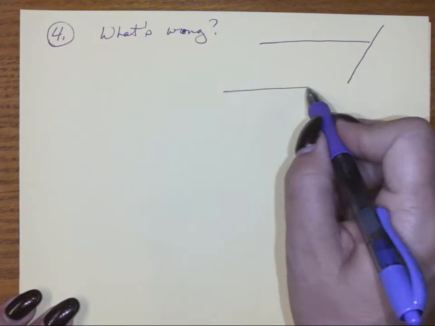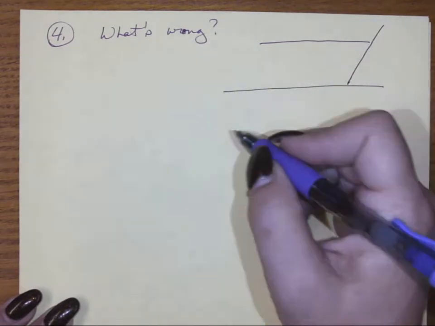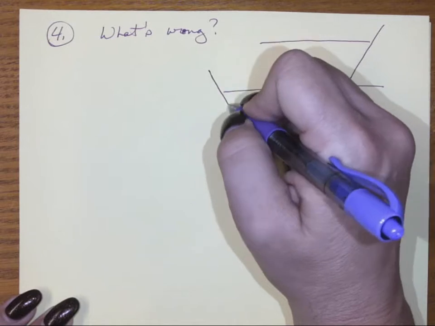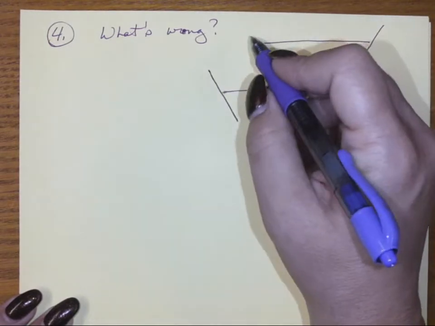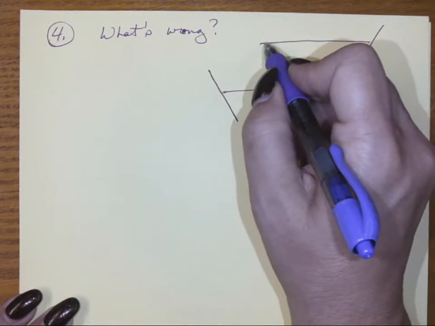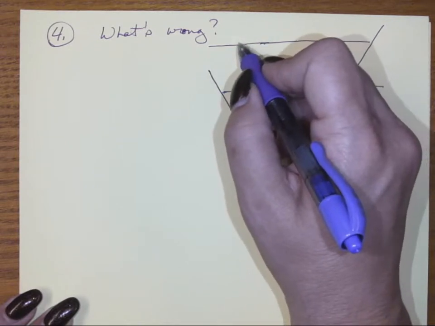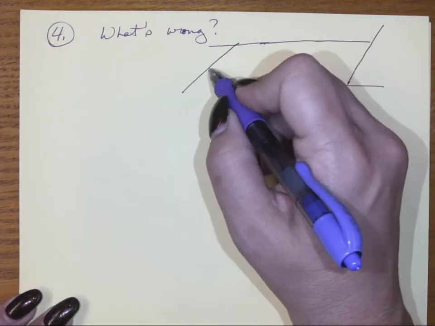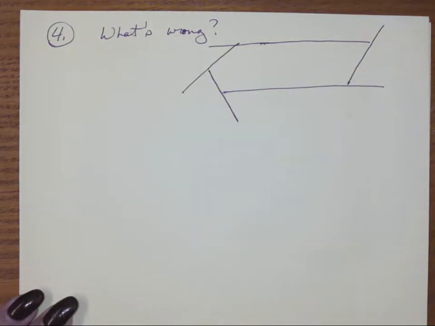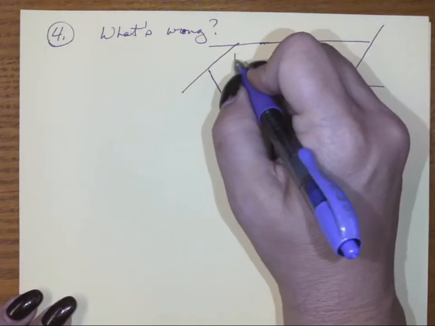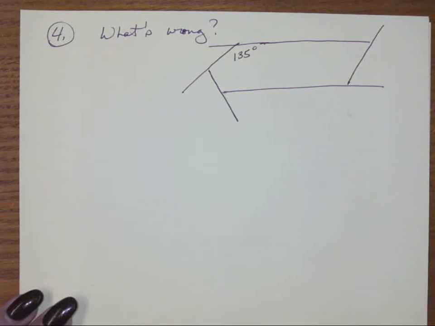I'm going to do something like this, something like this, and something like this. Of course, I didn't give you any labels on them, so we don't have any letters to talk about.